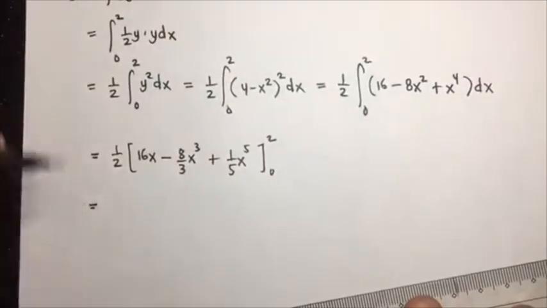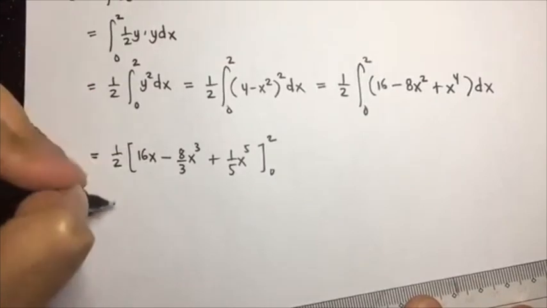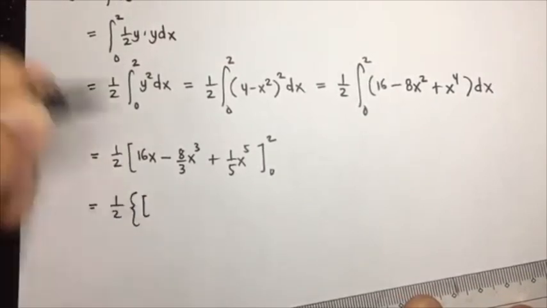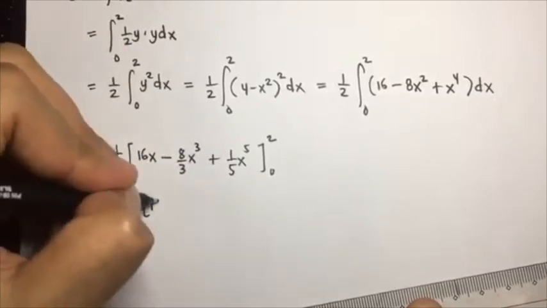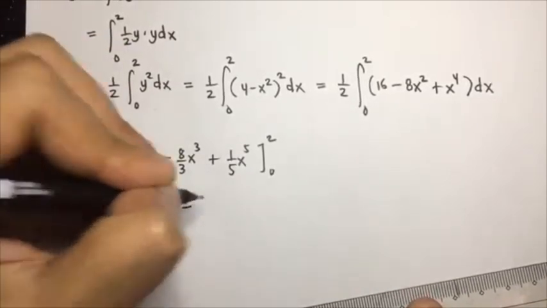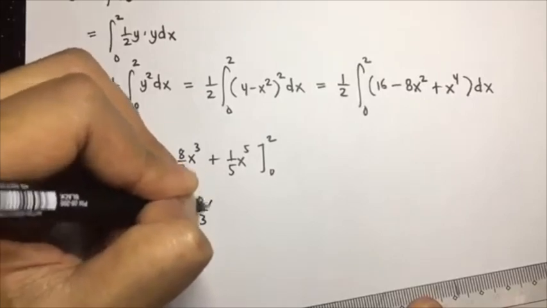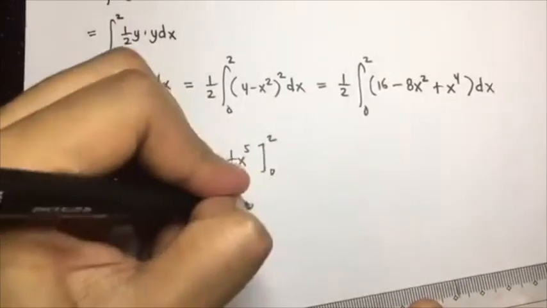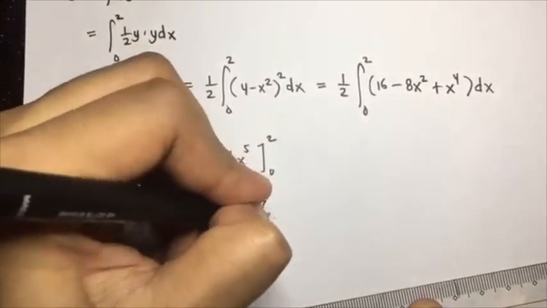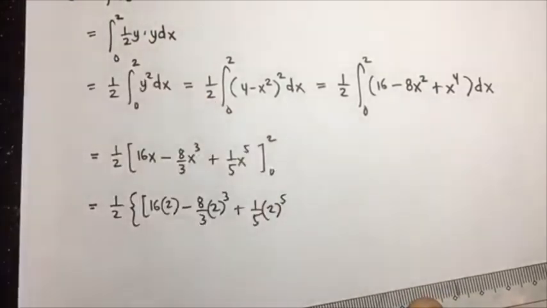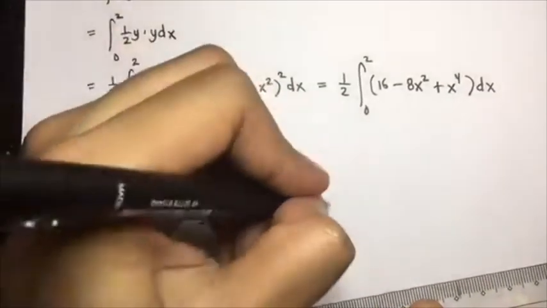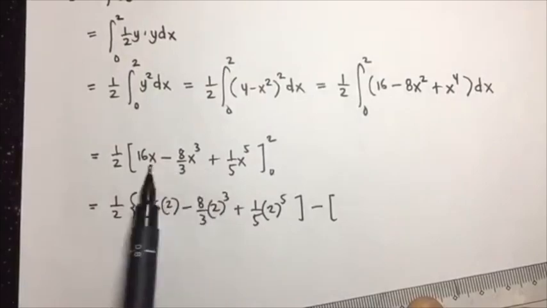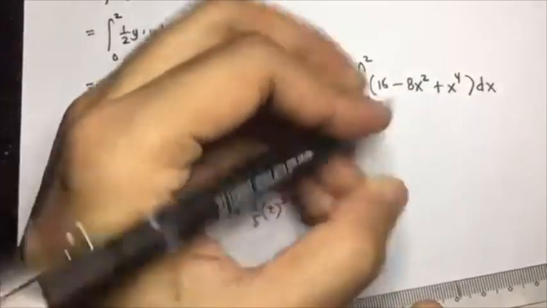So substituting the limits, we will have 1/2 times the upper limit: 16 times 2 minus 8 over 3 times 2 cubed plus 1 over 5 times 2 raised to the power of 5, minus, if we substitute 0 in each term, it will become 0.